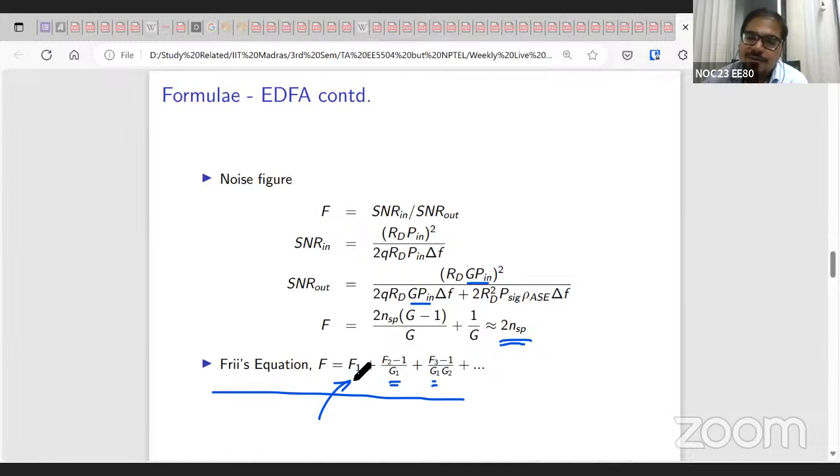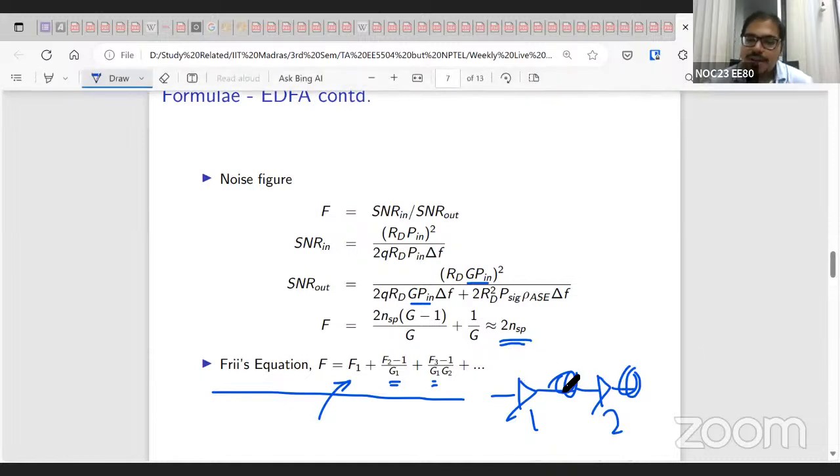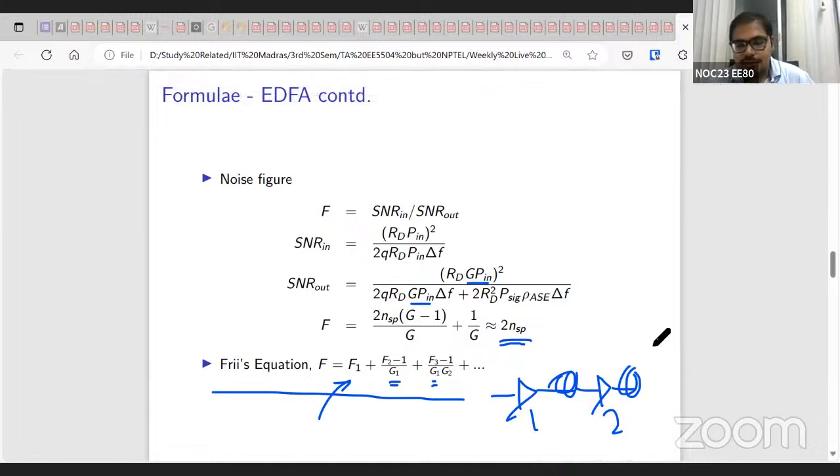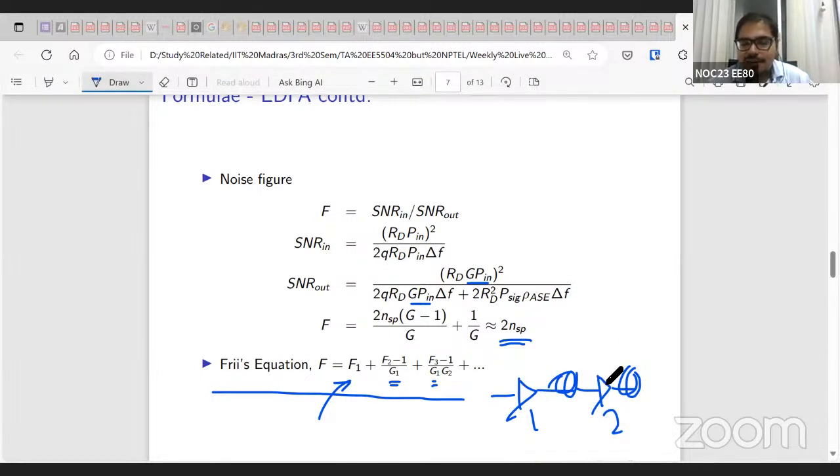But we want alpha 1 noise figure to be low, and then because of the high gain, the contribution from the subsequent alphas will be lower. So alpha 1 will dominate what is the final noise figure you're getting. These will also degrade, it is not some constant noise, but the degradation is not some linear expression, it is getting scaled down by G1.